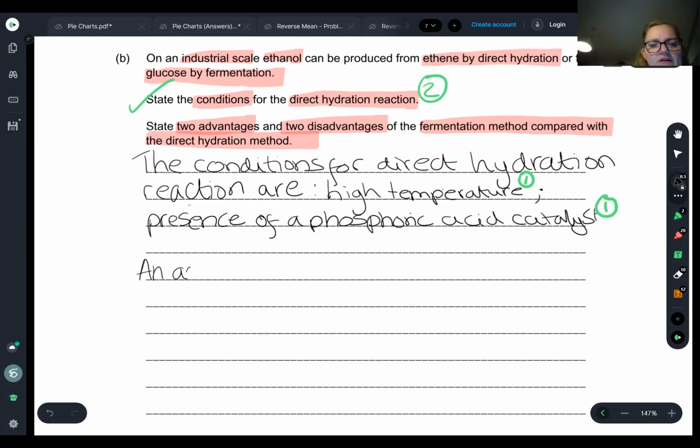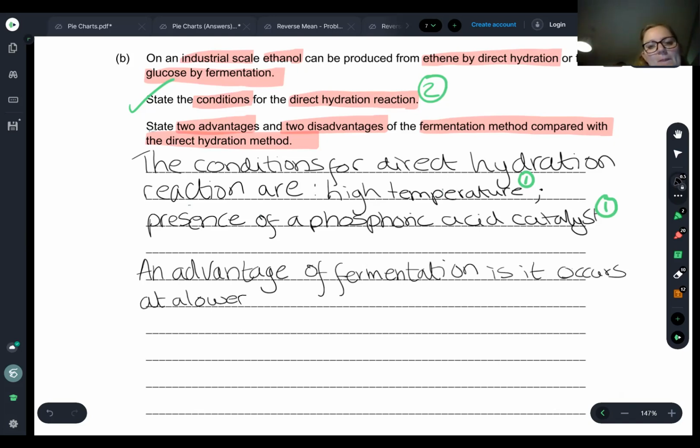An advantage of fermentation. This is quite an obvious one if we think about the conditions for direct hydration. An advantage of fermentation is it occurs at a lower temperature, so less energy is used. That would give you 1 mark.